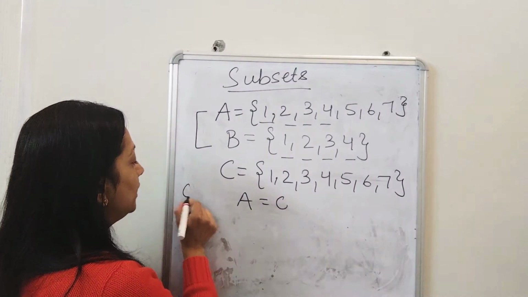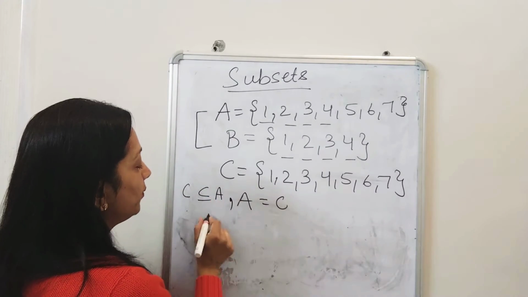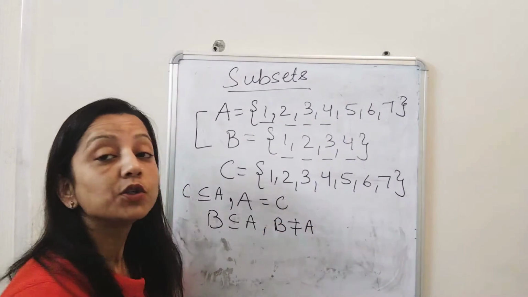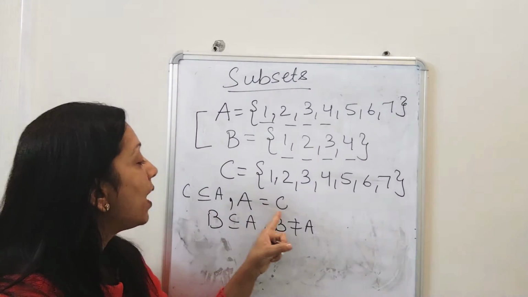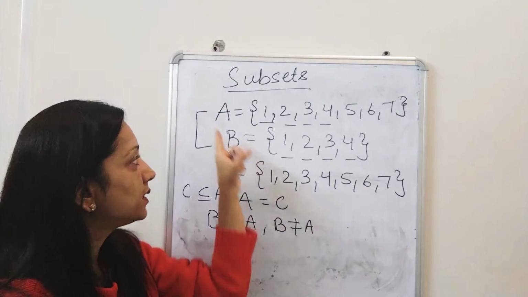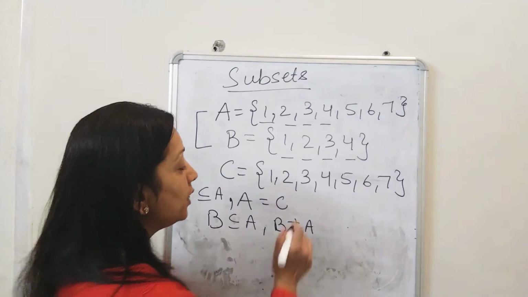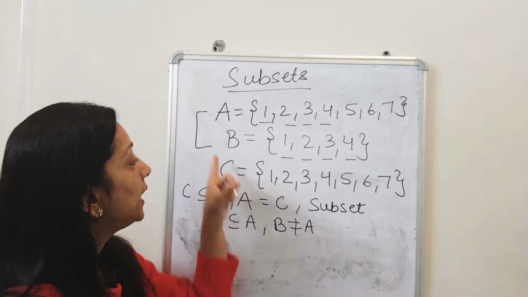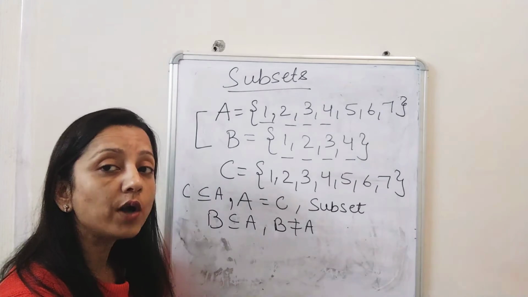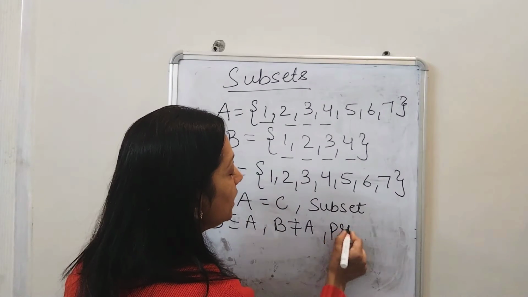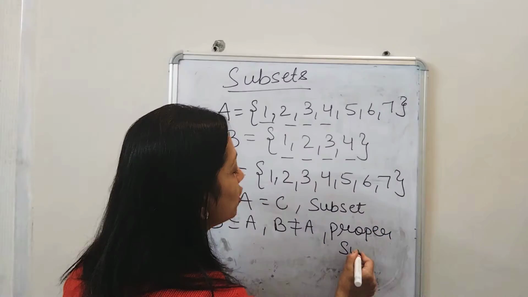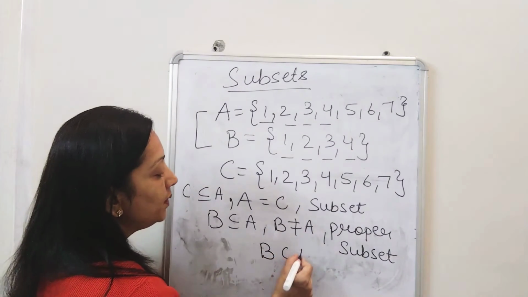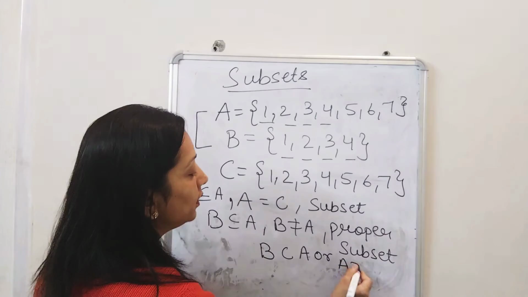But when I talk of A and B, B is a subset of A but B is not equal to A. In cases where one set is a subset of another and is also equal to it, like C and A, I just call it a subset. But in cases like B, a subset of A that is not equal to A, I call B a proper subset of A. The notation for proper subset is like this, or like this.